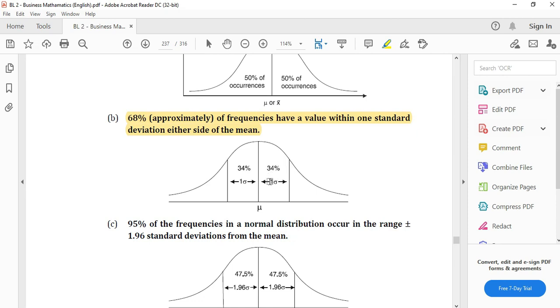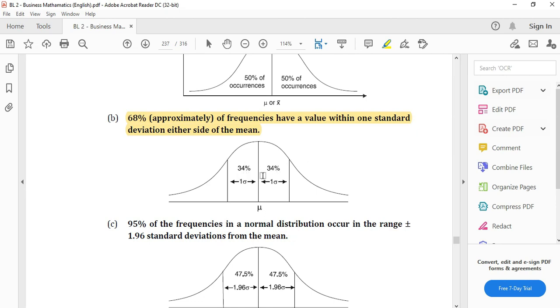This side has a standard deviation of 1 and this side has a standard deviation of 1 and the mean is 0. So what matters is not the percentage of the probability but the way it's presented in the graph or the curve. No matter what, since the curve is naturally symmetrical, both sides will be equal.